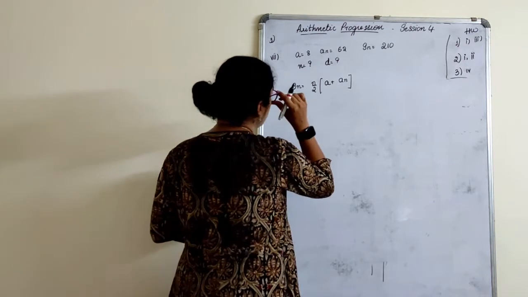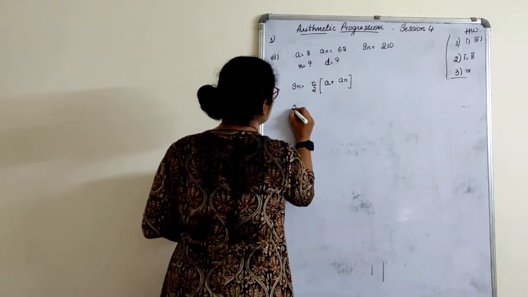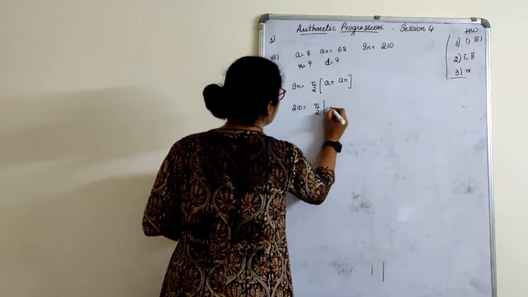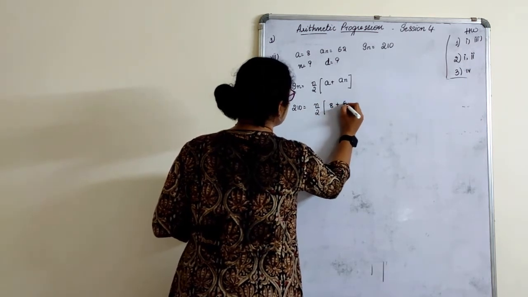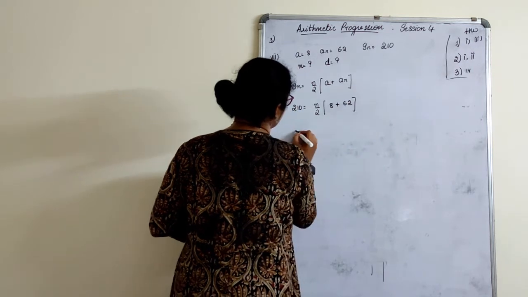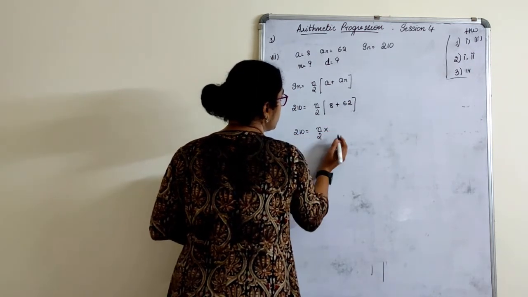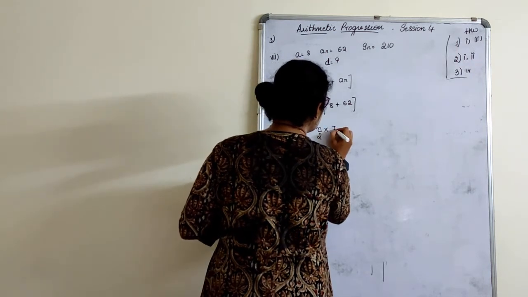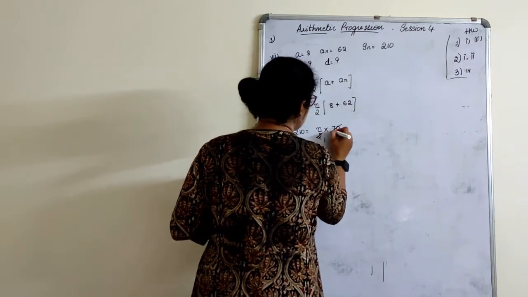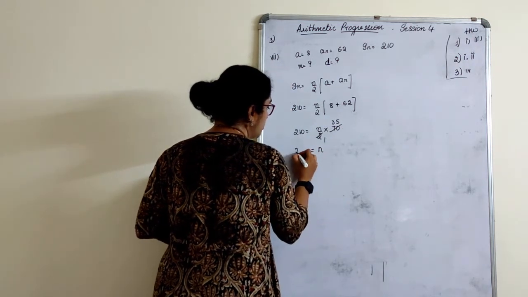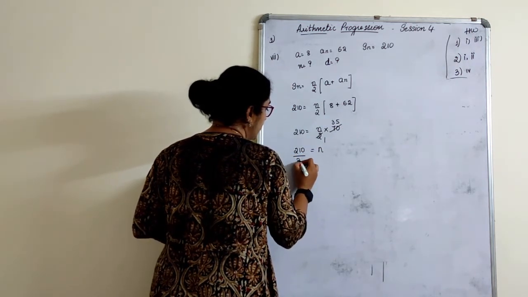So Sn is 210 is equal to n by 2, where a is 8 plus 62. 210 is equal to n by 2 into 62 plus 8 is 70. n is equal to 210 by 35.